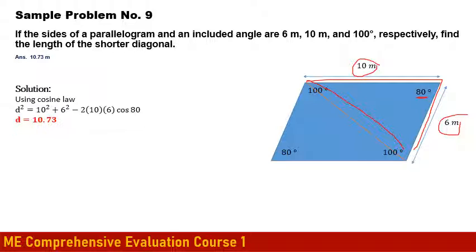Solving for d, that would be equal to 10.73. So the length of the shorter diagonal is 10.73 meters. We know that this is the shorter diagonal because the angle here is smaller. If you select this other diagonal, that would be longer because the angle here is larger. So that's how you should take note for a parallelogram.